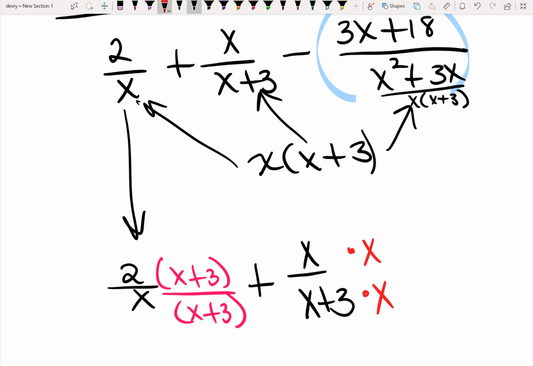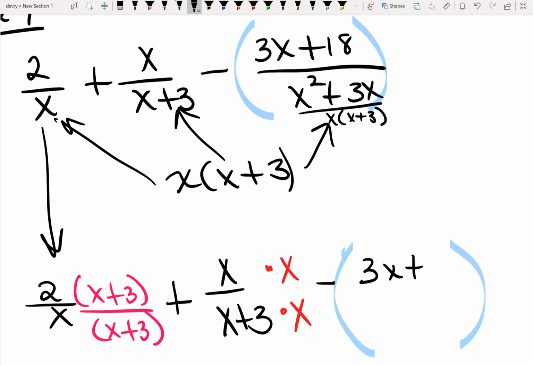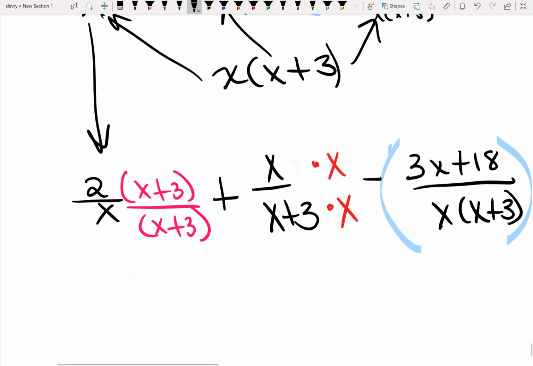And lastly, in my next value, I have minus, and again, consider that this is in parentheses, mentally. Originally we have 3x plus 18 over x times x plus 3, which is the equivalent of x squared plus 3x. So we don't have to do anything to that part.